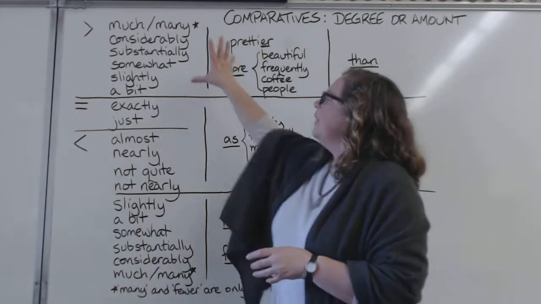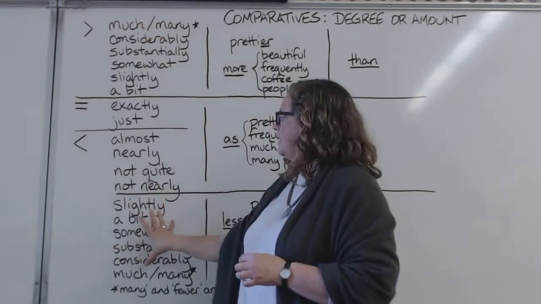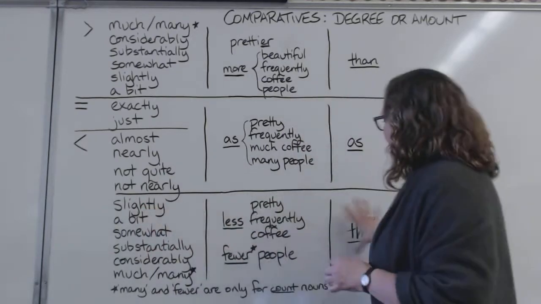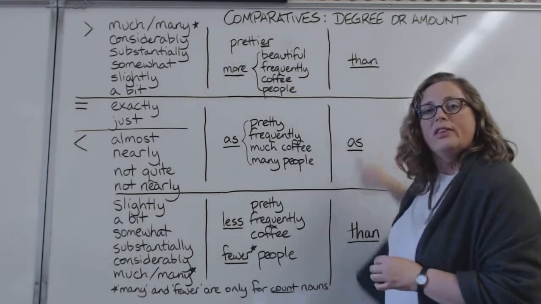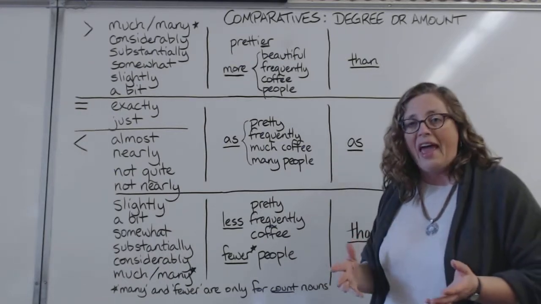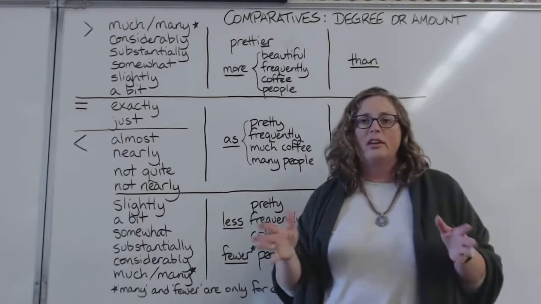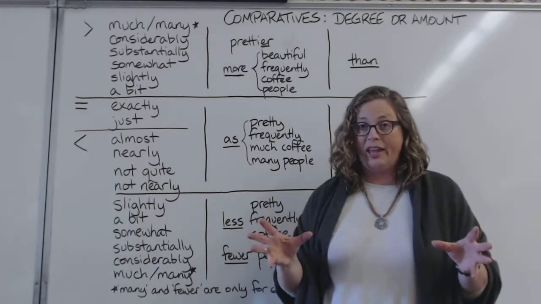Okay, so let's take a look at this idea of more than and this idea of less than. With this section and this section, we're using the comparative word than. Than is a preposition or a conjunction that talks about differences between two things.